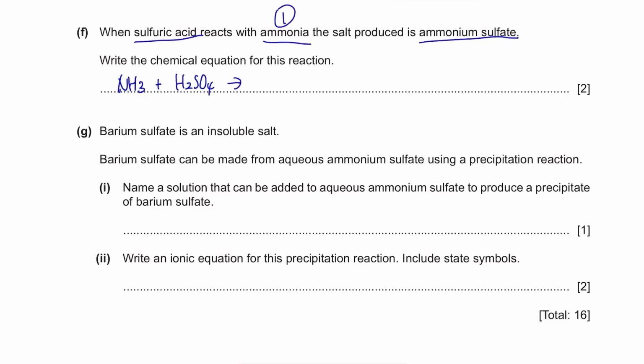The charge of ammonium is +1 and the sulfate ion is -2. So if you form a compound, it will be (NH4)2SO4. Then you gotta balance this. You can see that there are 2 nitrogen atoms here, so there should be also 2 here. So put a 2 in front. And if you count the number of atoms in each side of the equation, you'll see that it's balanced.